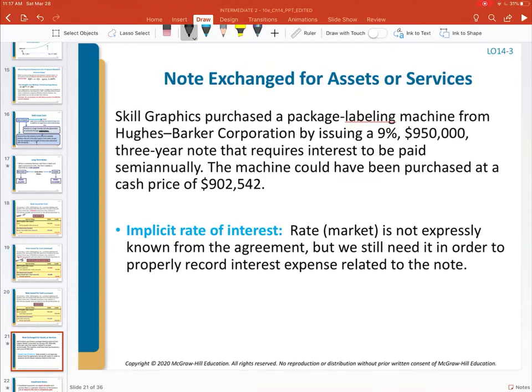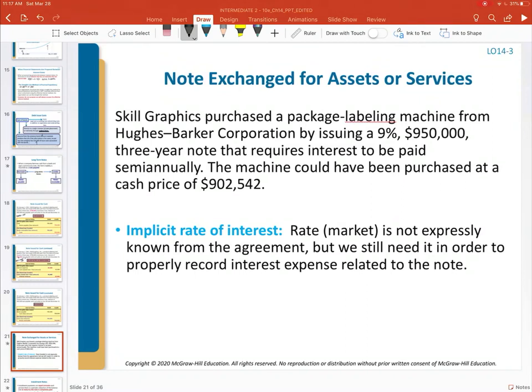Now, the machine. The market value of the machine on the day that we sort of negotiate this arrangement, the market value, meaning what would we have to actually shell out in cash today if we were buying that machine outright, the market value is $902,542.